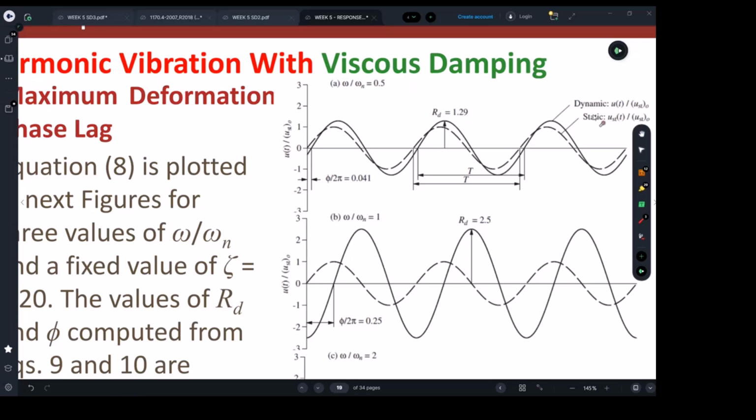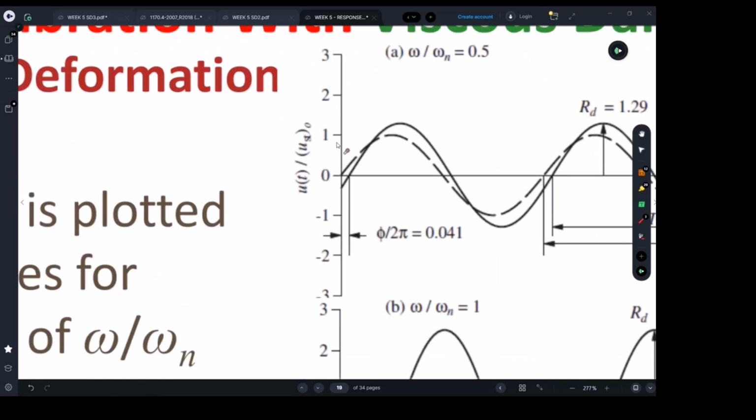It is the one we try to calculate because it tells us what's happening with the building. The static one is kind of unreal, because we're assuming the force is placed on the structure and stays there statically forever. This is not a real representation of the situation, but it helps us do calculations for the dynamic deformation. The RD is presented on the vertical axis, and it defines the peaks in those curves.